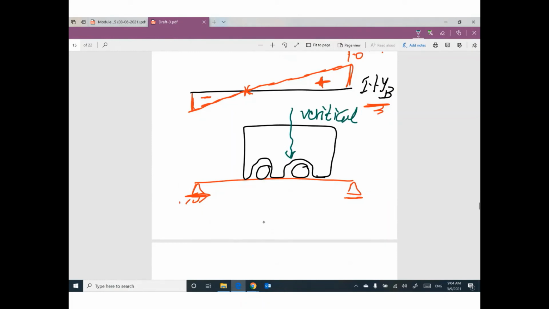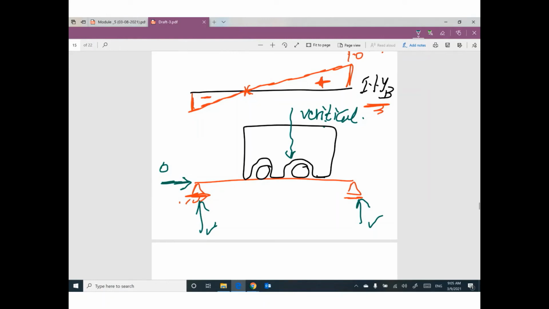All the time? Yes, 100%. All the time, this load will be vertical. So that means the vertical reaction will get a value, but the horizontal one will be 0 all the time.